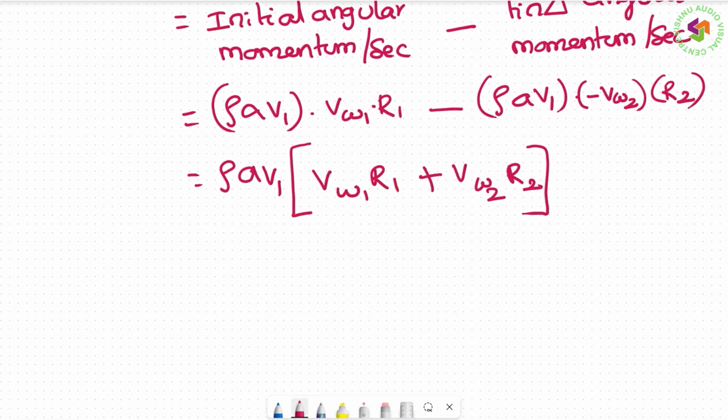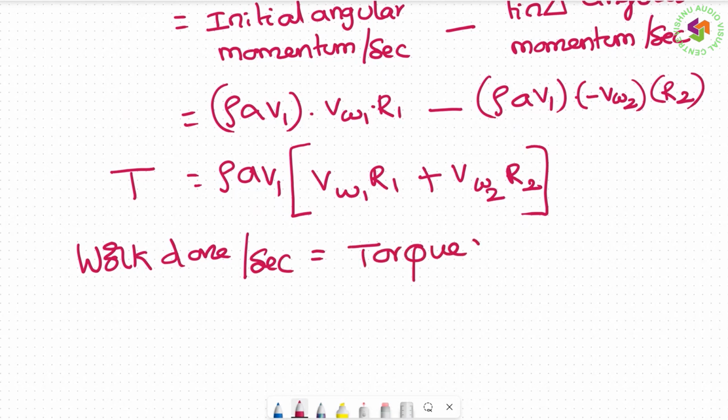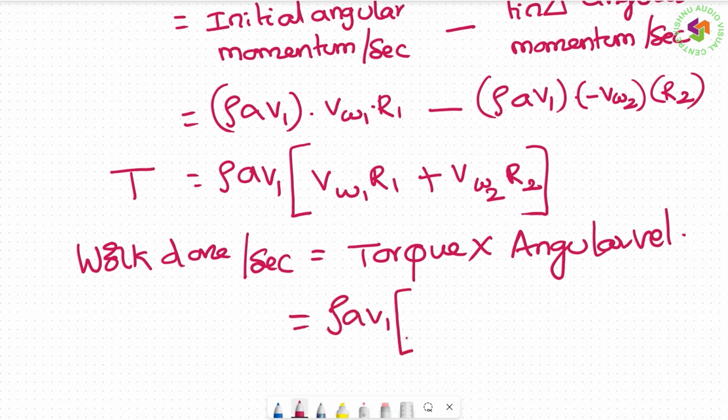Then once torque is obtained, what is work done per second? Work done per second is equal to torque into angular velocity. So it is equal to rho A V1 into VW1 R1 plus VW2 R2 into angular velocity omega.